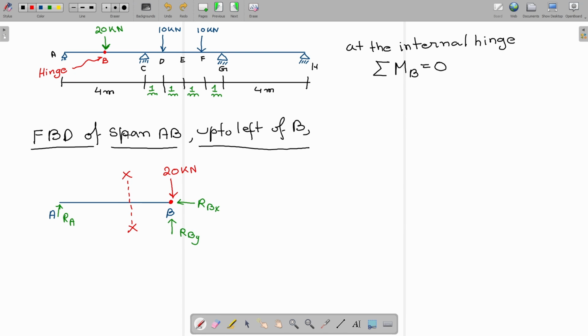Now we are going to write it like this. There are no external load and moment on AB, as we can see, throughout the span.